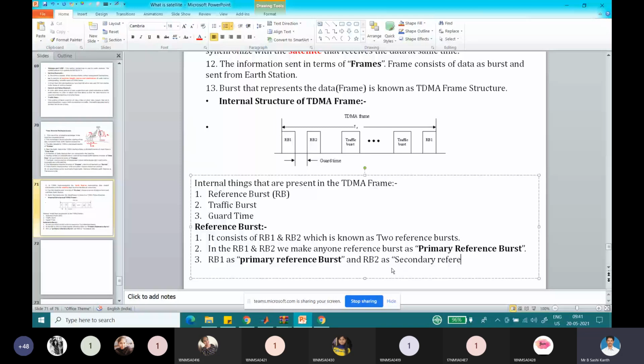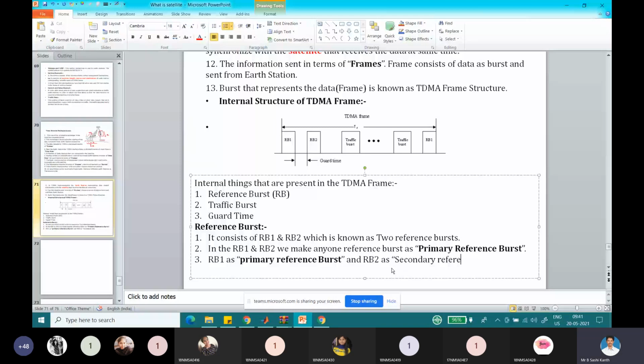For now, I am taking RB1 as primary and RB2 as secondary. So what is the intention here in TDMA? Why do we call one primary and the other secondary?